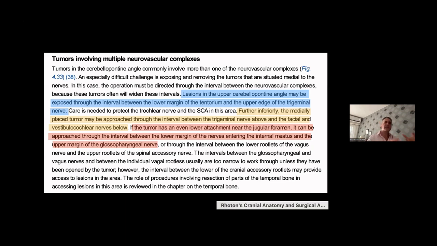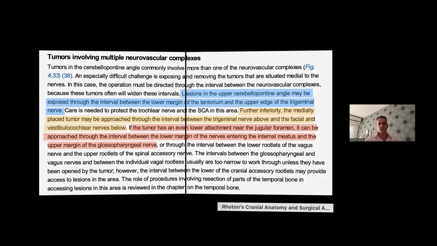We have a second window between the 5 cranial nerve and the 7 and 8 cranial nerve, and the most lower part, in my opinion the smallest window, is between the 7th cranial nerve and the upper part of the lower cranial nerves. These 3 windows can be used by the neurosurgeon to access different aspects of this CP angle for the removal of tumors or other pathologies, of course.